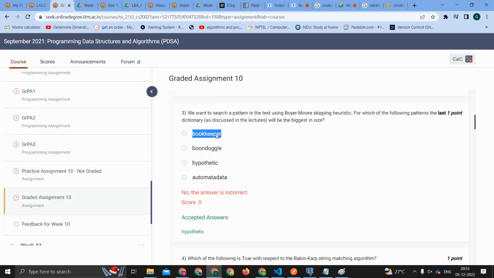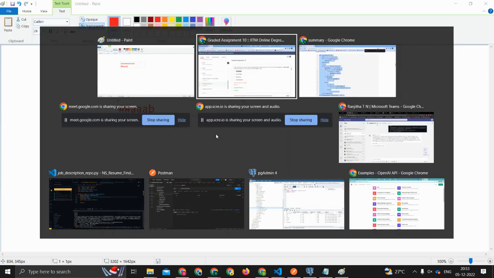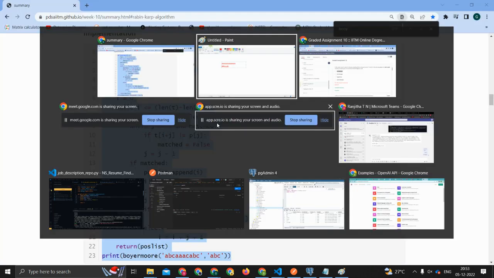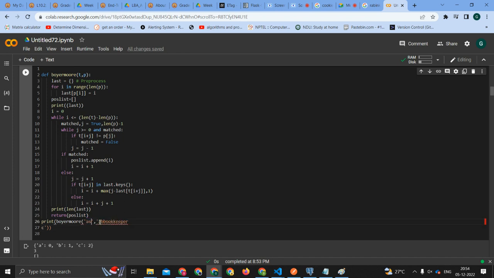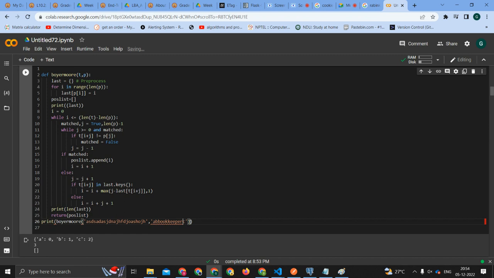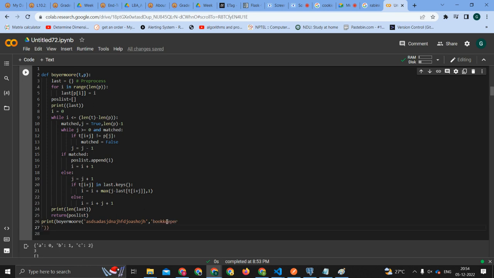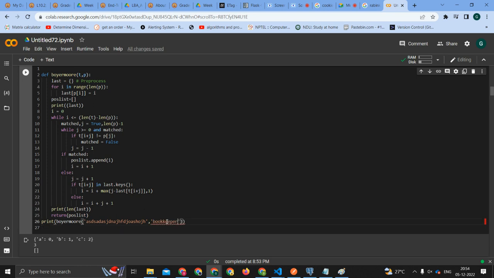So these are all the patterns here. I should have given it on the right hand side. Delete that ABC also. Okay. But now we'll get it as 6.